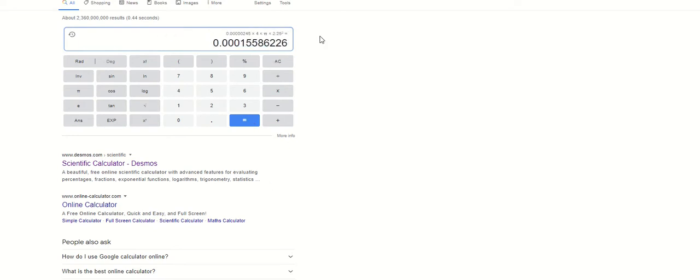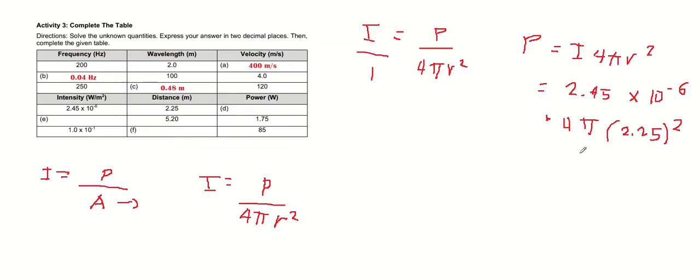So, bali nakuha nating value, kung ito 2 decimal places natin to, meron tayong makuha ilang 0 to, 1, 2, 3, 4. So, 1.56 times 10 raised to negative 4. So, nakuha nating power is equal to 1.56 times 10 raised to negative 4 and unit for power is watts.